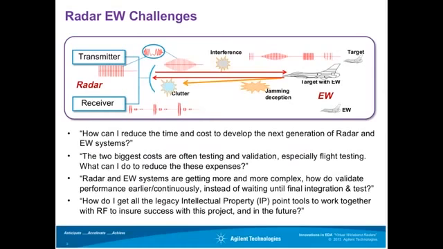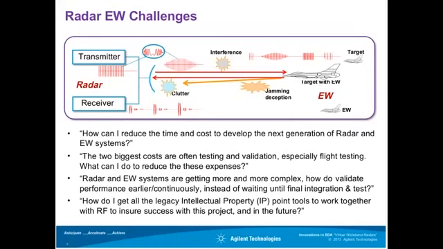What do we do if I have multiple radars and also jammers and plus interference all applying to our system at the same time? And how can I reduce the cost of flight testing, which is one of the big costs associated with testing of radar systems? It costs like $100,000 an hour for this.